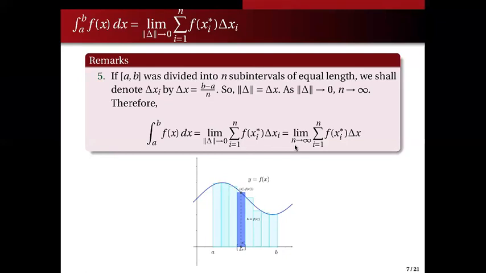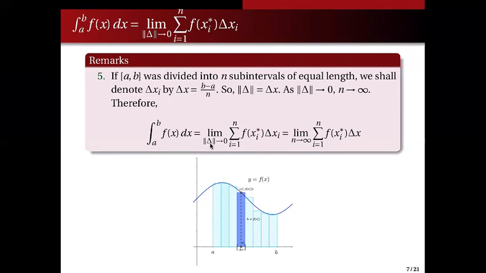Which means instead of dividing the interval AB into subintervals of random length, we can just divide it into subintervals of equal length, and we will still get the value for the definite integral.